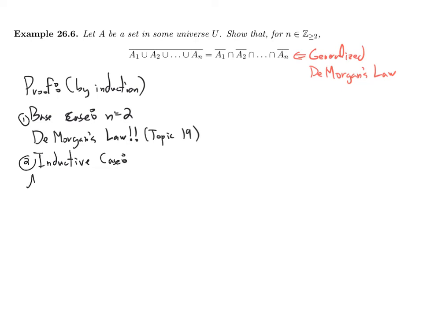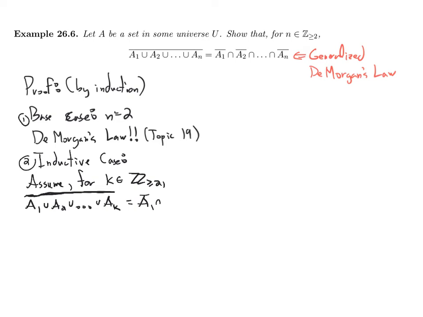Okay, so let's assume for some integer greater than 2, we'll call it k, that if I take the union of all of those guys and then take the complement of that set, that equals the intersection of the individual complements.